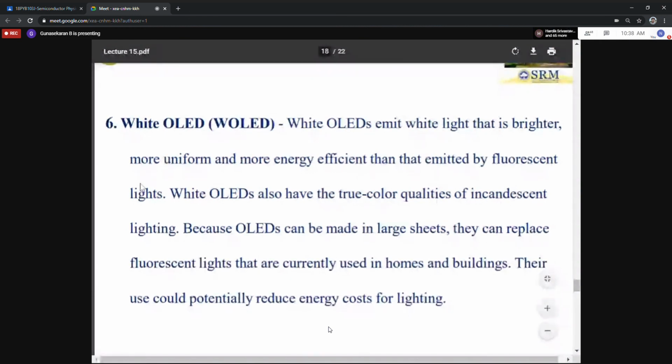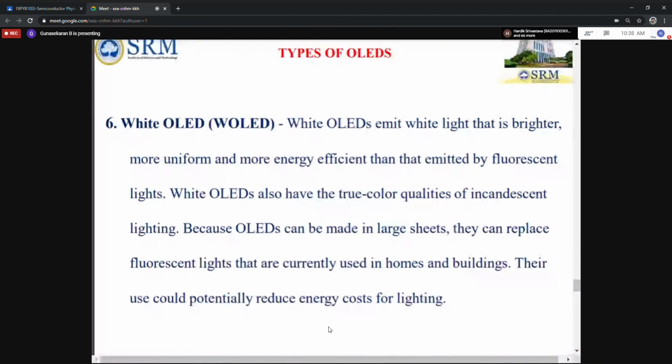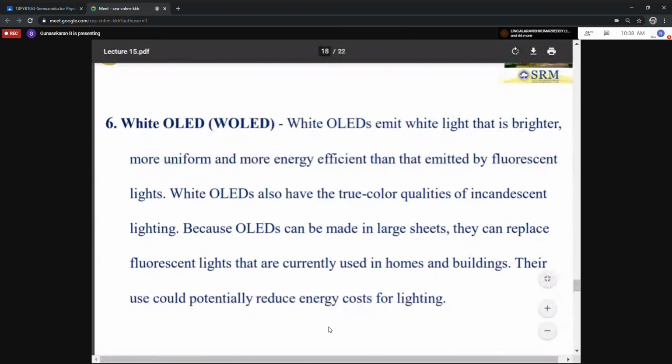That is the reason nowadays in buildings, for example wherever you see in government offices, or for decorating purposes, they are using this type of white light OLEDs. They can be used in large sheets and can replace all types of fluorescent lights currently used in homes and buildings.